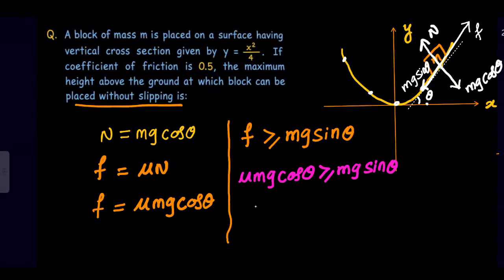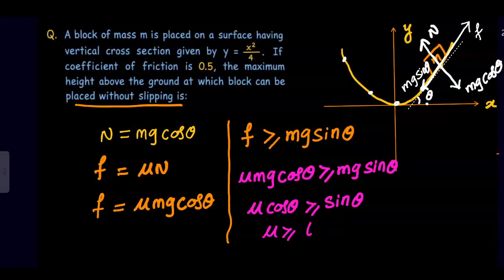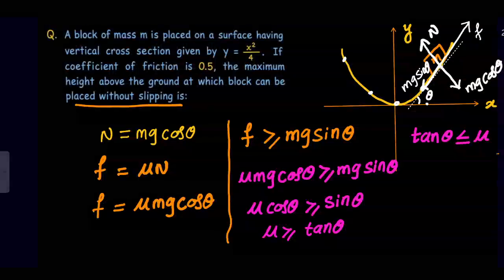So that is mu cos theta, which must be greater than sin theta. From this, mu must be greater than tan theta. So I can write tan theta must be less than or equal to mu.